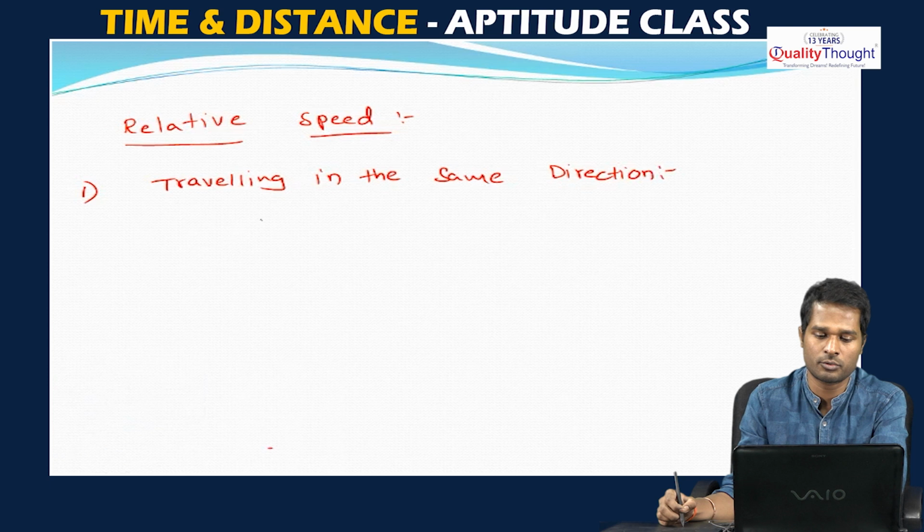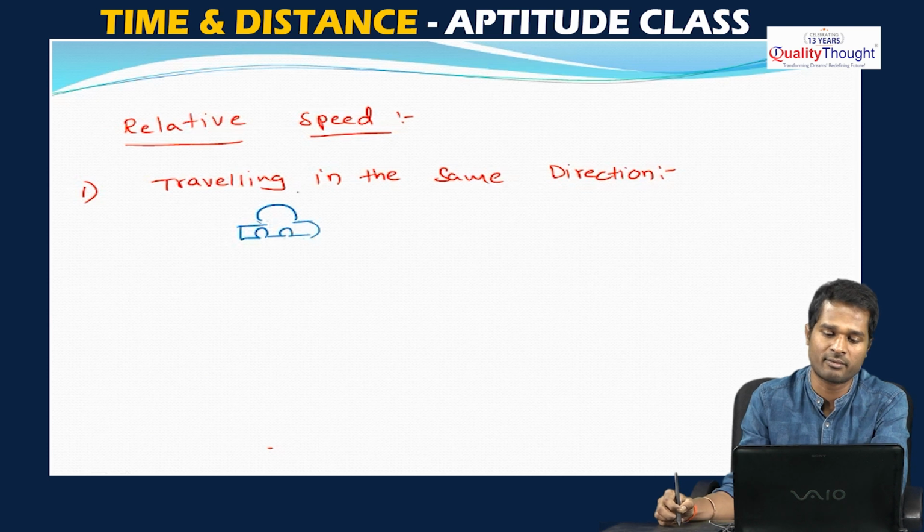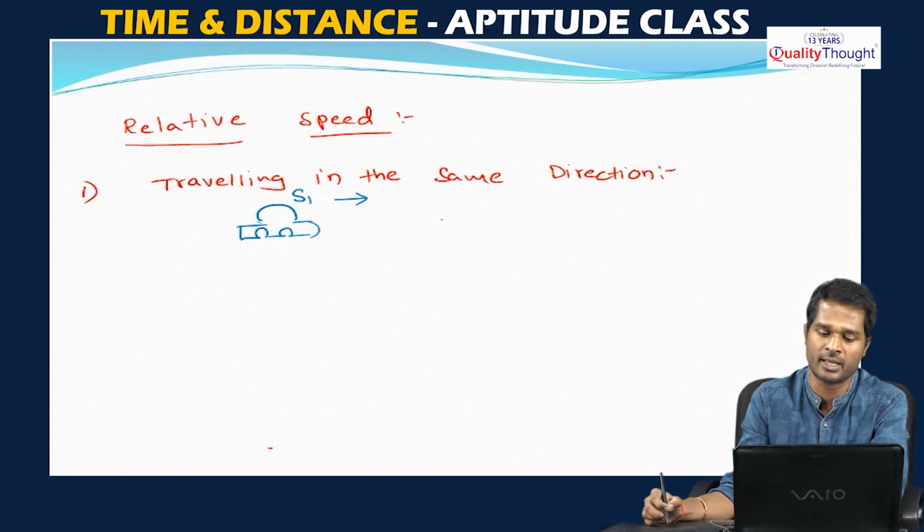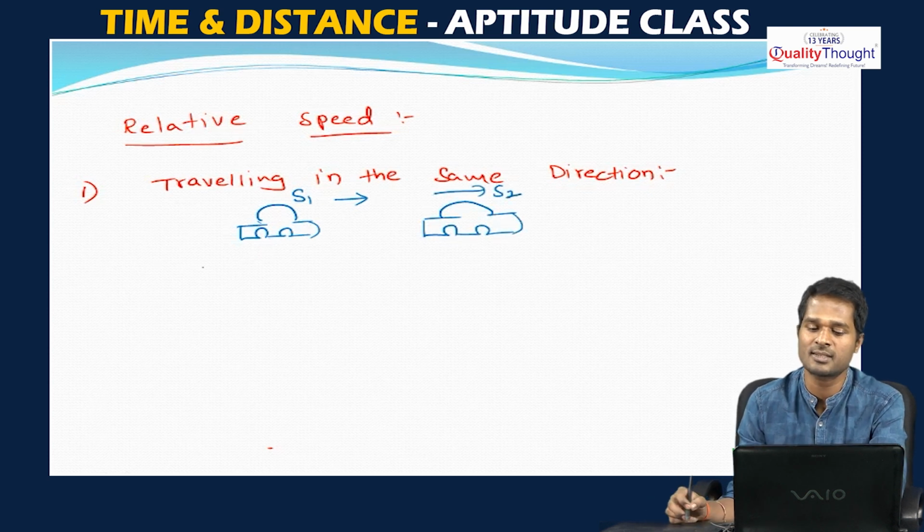So imagine we have two cars. This is a car travelling with the speed s1 in this direction, and you have another car which is travelling with the speed s2 in the same direction. This is the same direction.